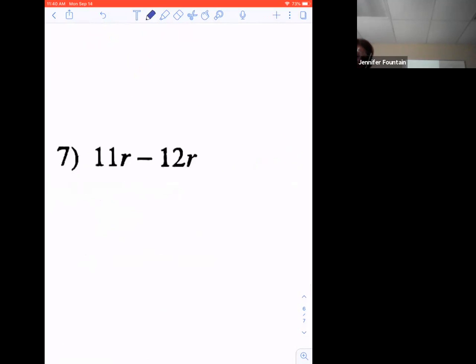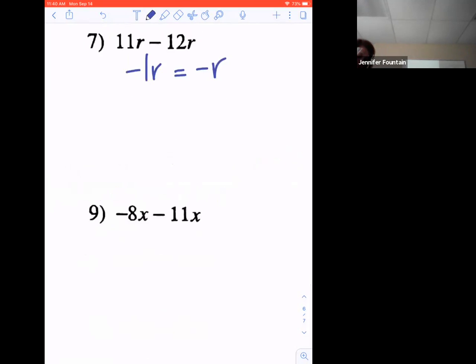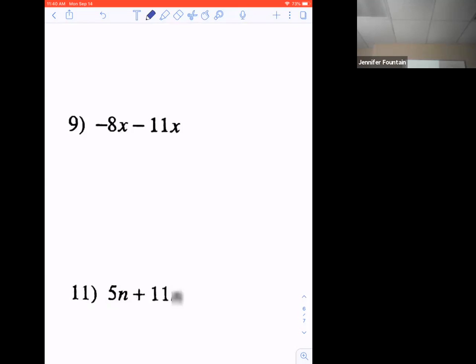Look at number 6, number 7. 11r minus 12r. -1r, and we can simplify that just to -r. Number 9, -8x minus 11x. That's the same as having -8 minus 11. So I want to add the opposite. I change my subtraction sign to an addition sign.